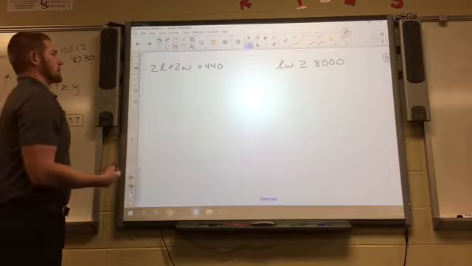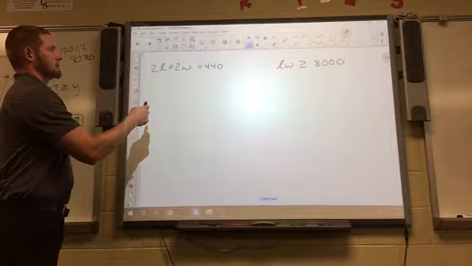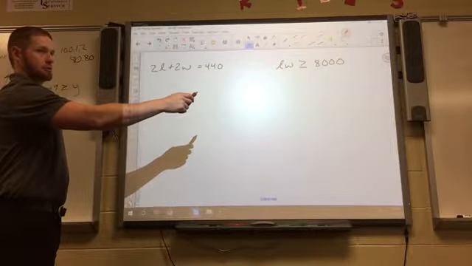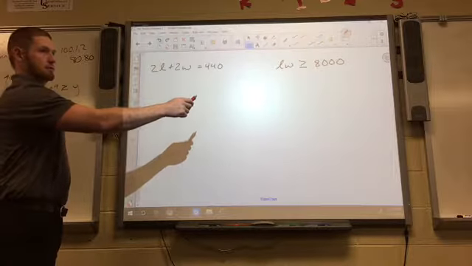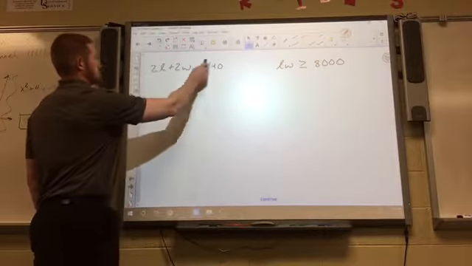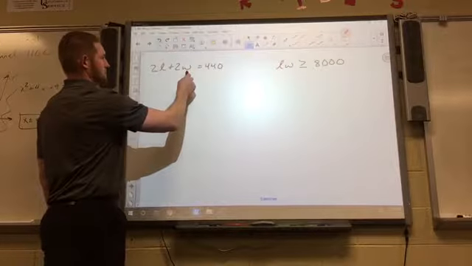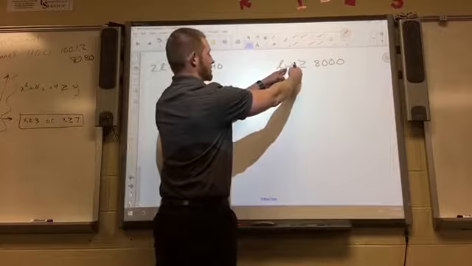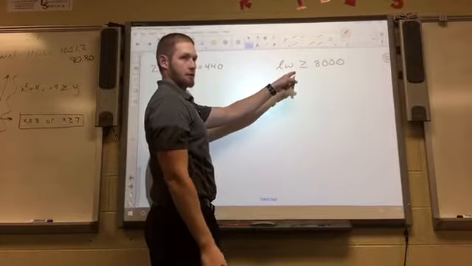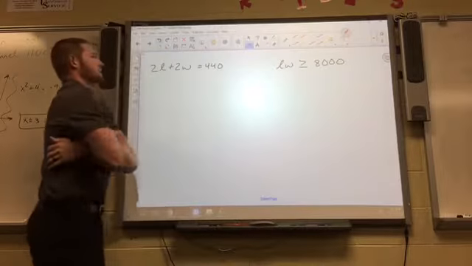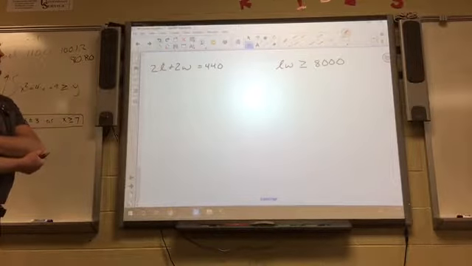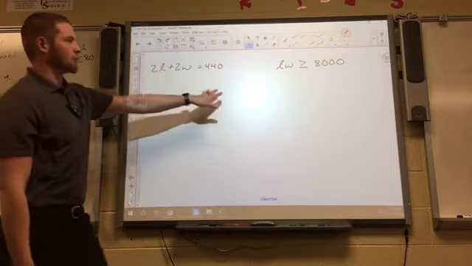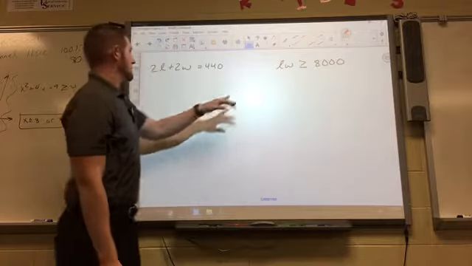If I solved this equation for W and got L on the right side, and then I plugged it in over here for W, my W's are going to be gone, right? So that's what we need to do if we're trying to find length. We need to solve for W so we can make it go away when we substitute in our other equation.